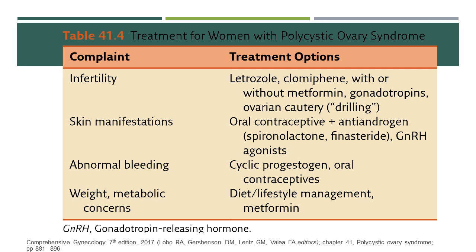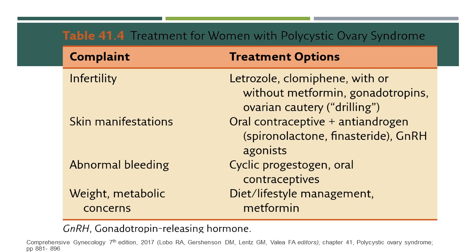Now, these are the proposed treatments for women with polycystic ovary syndrome according to the complaints. If the chief complaint is infertility, then the treatment options will include letrozole, clomiphene citrate, with or without metformin, gonadotropins, or diathermy or ovarian drilling or cautery.